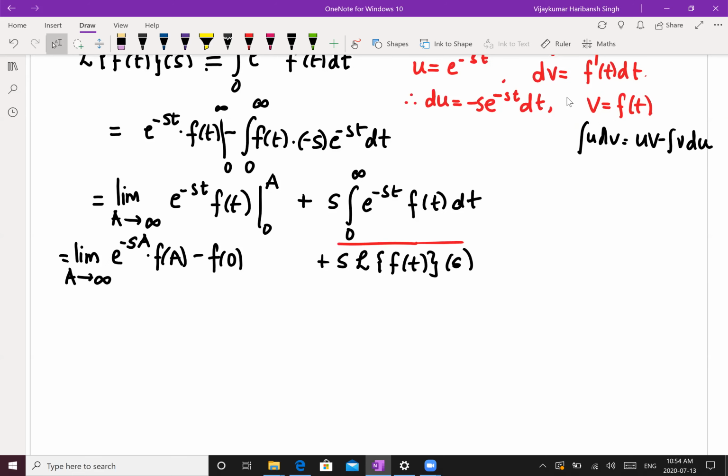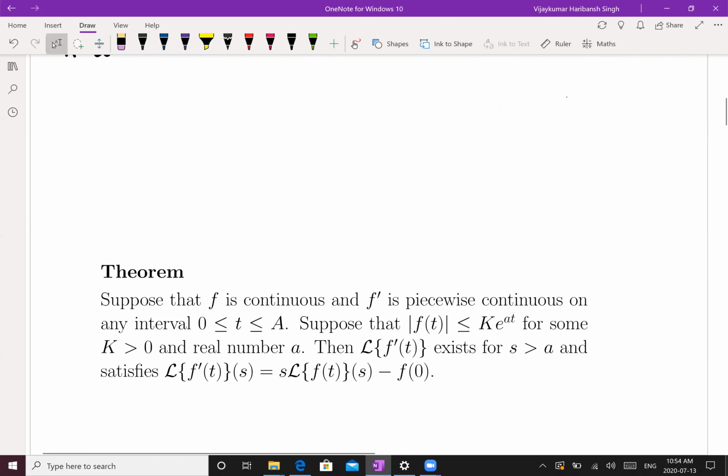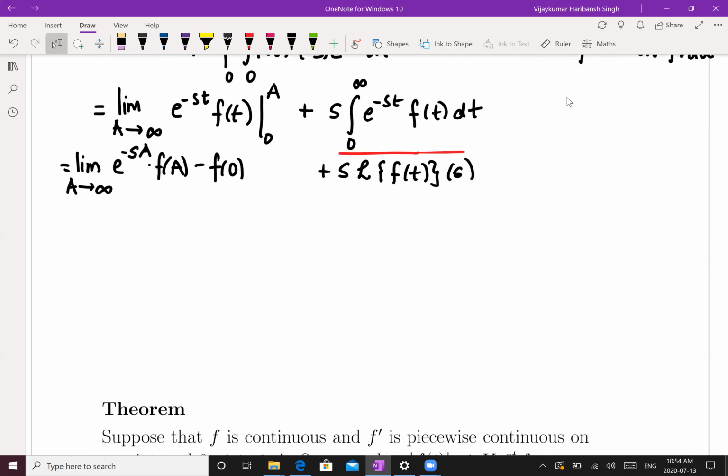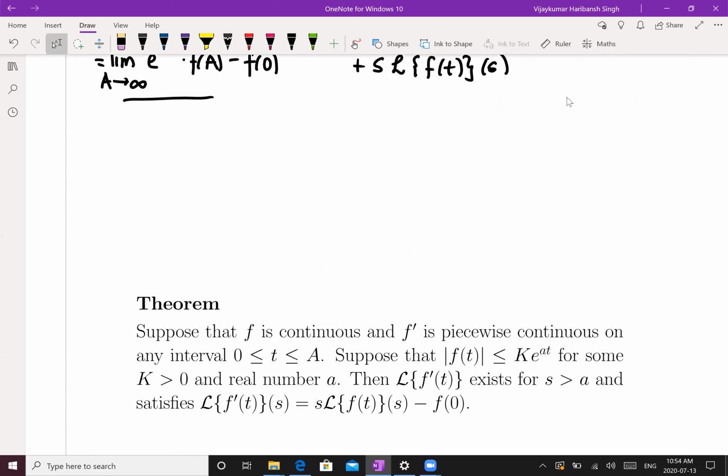Now note that f of a has to be a piecewise continuous function. So for this to exist, we need this limit to exist, and this limit exists if f is a piecewise continuous function on this interval.